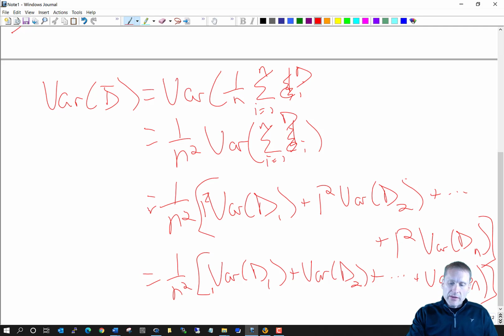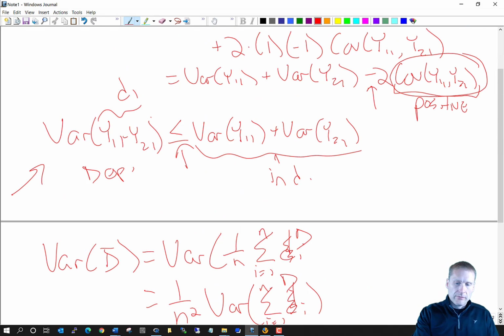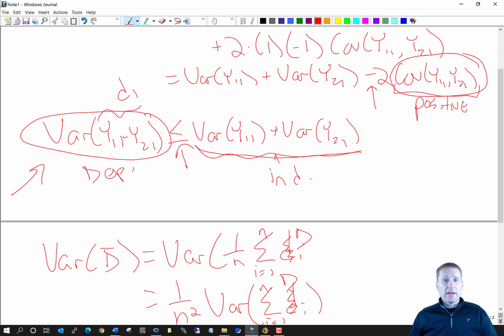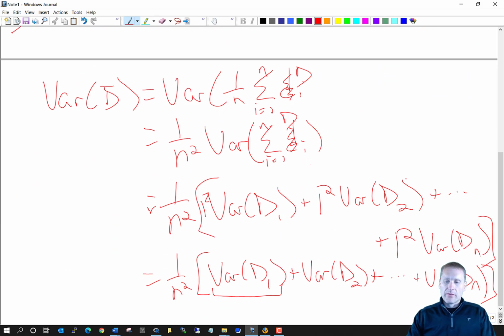Now let's look at this variance of D1. That's what this is right here. Notice how it's going to be less than if I had treated the samples as independent. Then for the variance of D2, you're going to have the same thing happen. And for the variance of Dn, exactly the same thing happens as well.